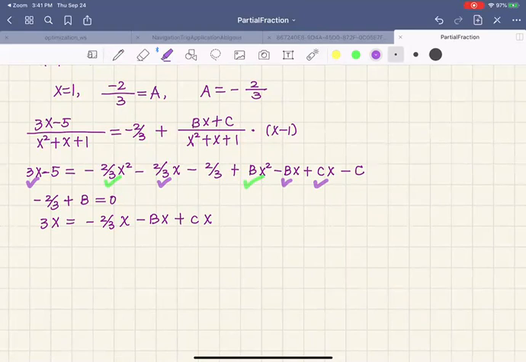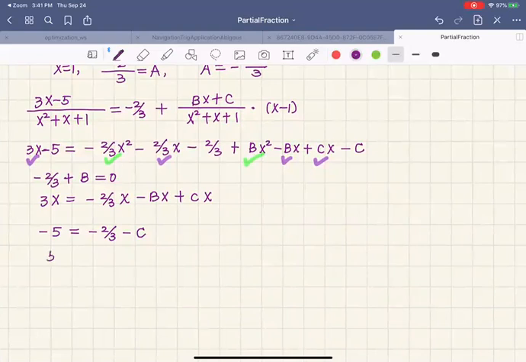Last one is the constant term. Negative 5 equals negative 2 over 3 minus c. So that is c equals 5 minus 2 over 3, right? That's right.